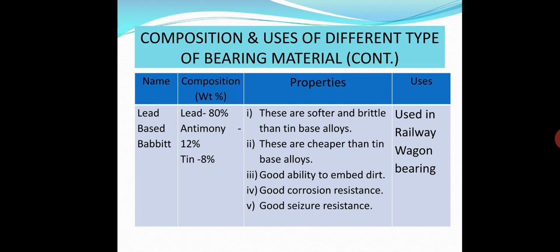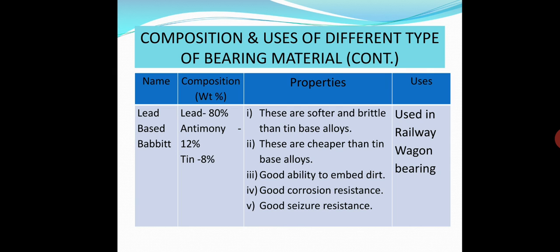Next is lead based babbitt. Composition: lead 80%, antimony 12%, tin 8%. Properties: these are softer and more brittle than tin base alloys, but these are cheaper than tin base alloys.